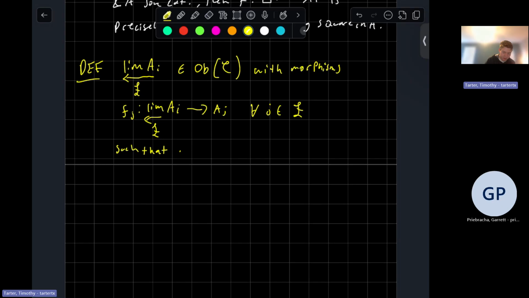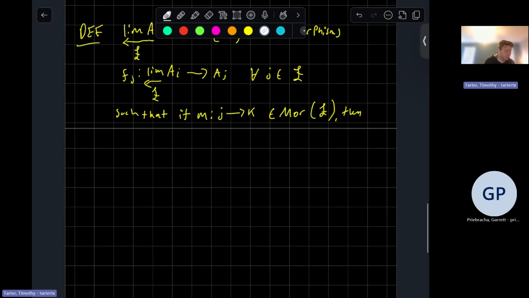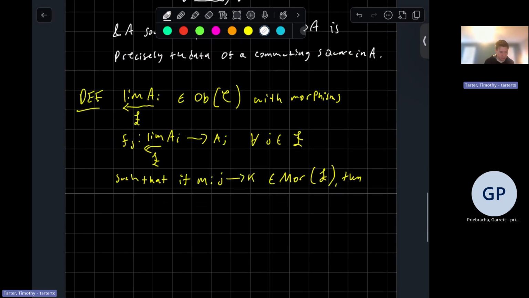Such that if M from J to K is in the morphisms of F, then the following diagram commutes, and oh my God, this is a two-paragraph definition.